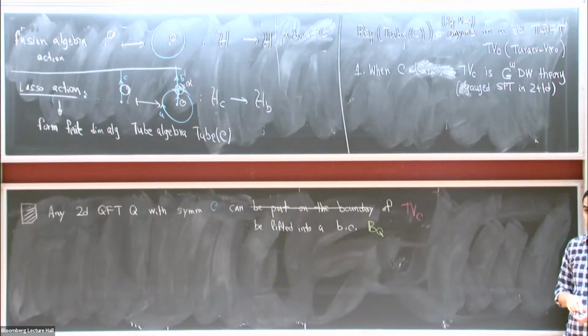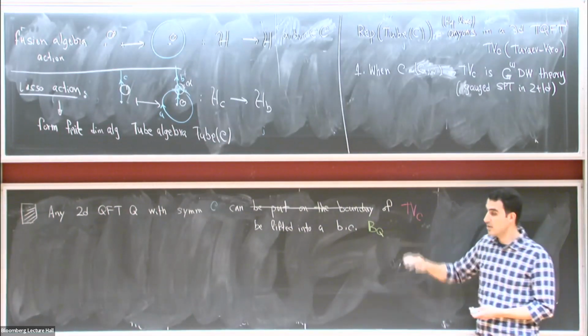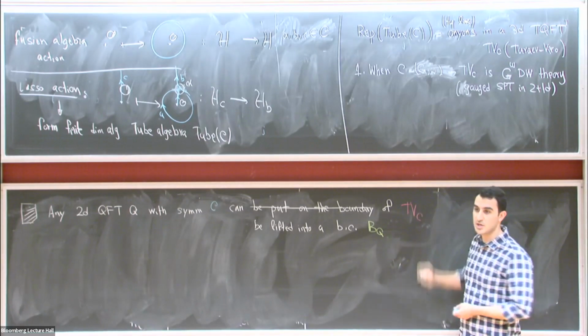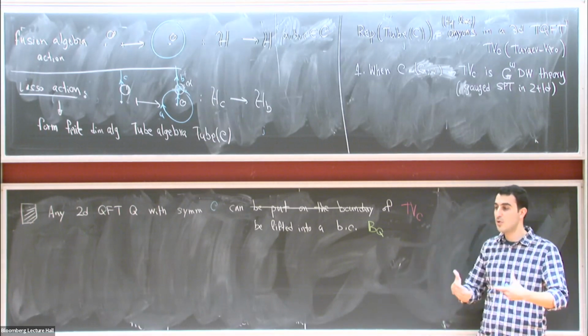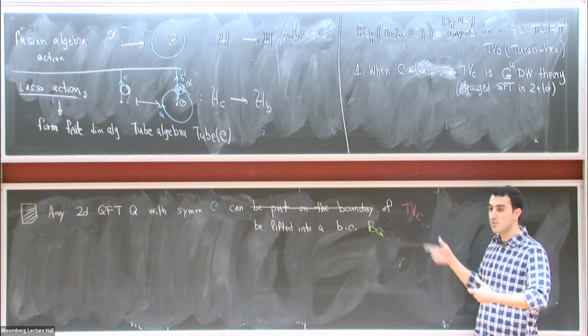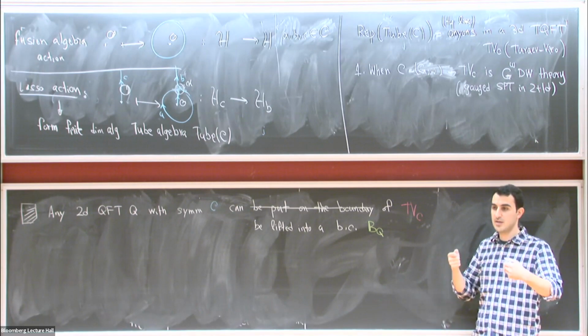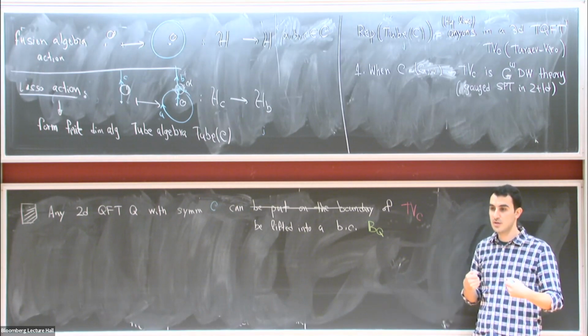This is the precise statement: given any theory, I can lift it to a boundary condition for this QFT, such that I can recover my original theory by reducing this theory or compactifying it on an interval.